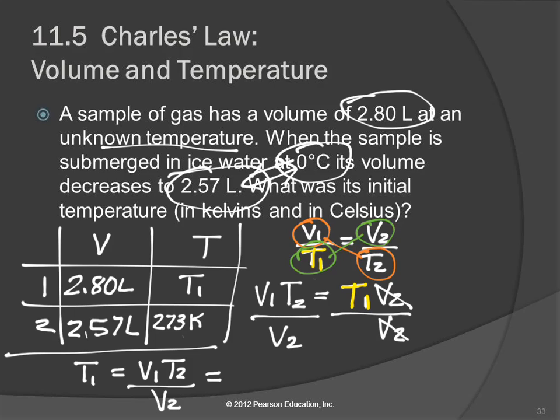So V1 on the top, 2.80 liters, times temperature 273 Kelvin, put the units in there, divided by V2, 2.57 liters. The liters cancel out.